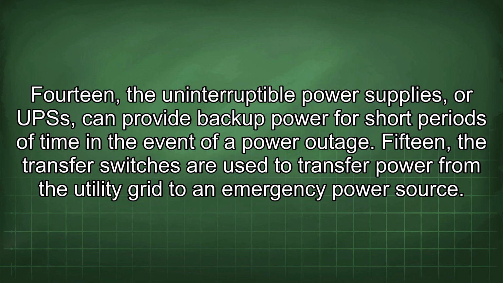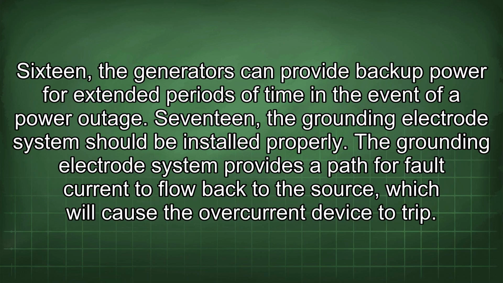Uninterruptible power supplies, or UPSs, can provide backup power for short periods of time in the event of a power outage. 15. Transfer switches are used to transfer power from the utility grid to an emergency power source. 16. Generators can provide backup power for extended periods of time in the event of a power outage.